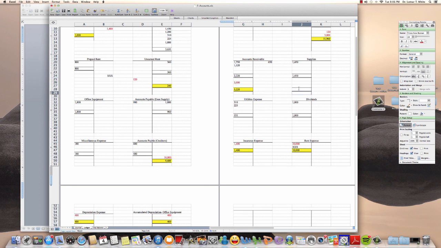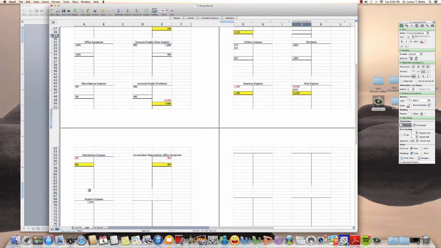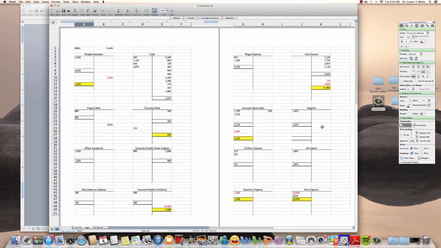So I'll delete that. And let's say it told us what we actually used. So it says I used $1,000 worth of supplies. So since it's telling me what I used, it's telling me how much I need to reduce my account by. So I need to reduce my supplies account by 1,000. So now my balance is $1,450 minus $1,000, which gives me $450.